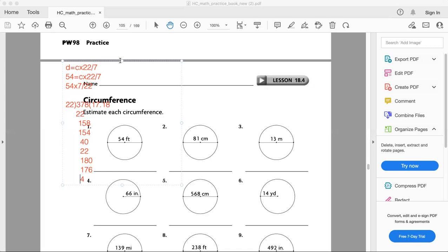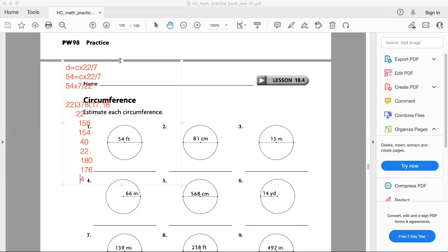So 22 multiplied by 7 is equal to 154. So the remainder is 4. So it will be point. So it will become 40 and we have to again divide 40 by 22.